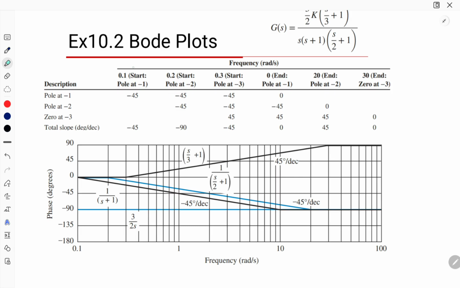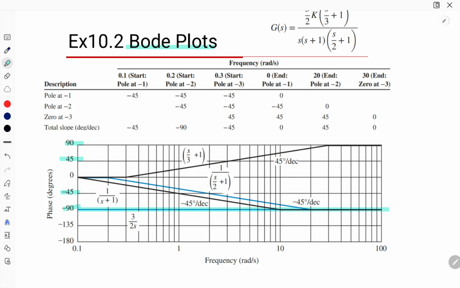For the Bode plot, phase angle, it's a little trickier, but it's always around plus 90, minus 90, minus 45, and plus 45. So let's just start with the first one. If it's just a constant, 3 over 2 right there.